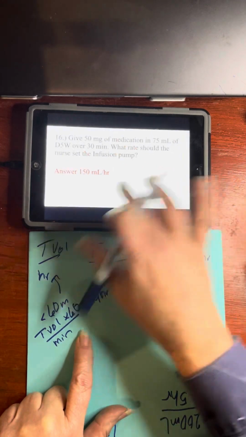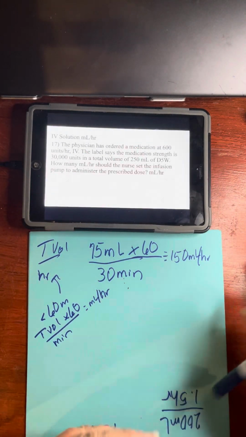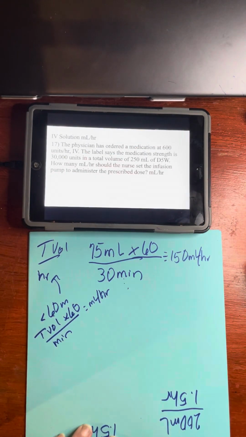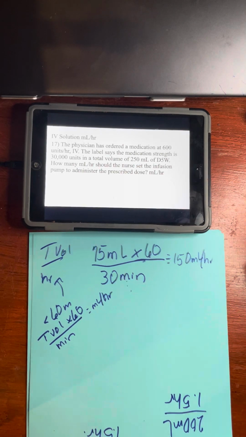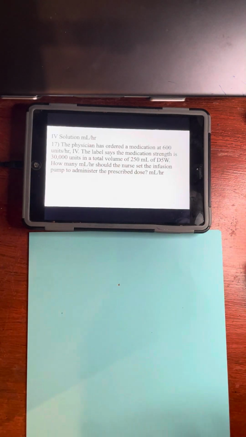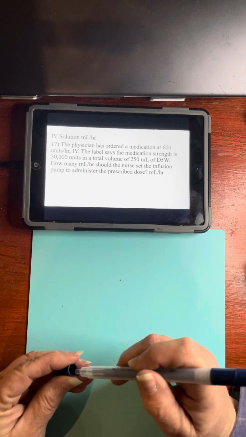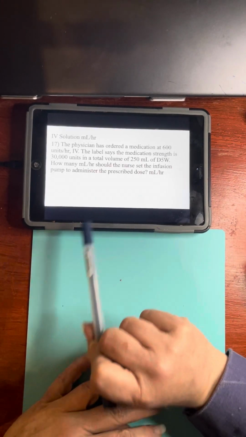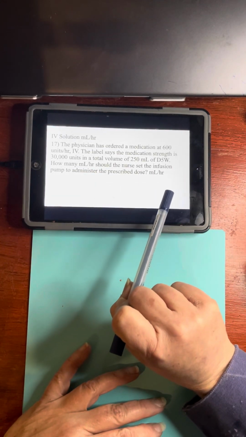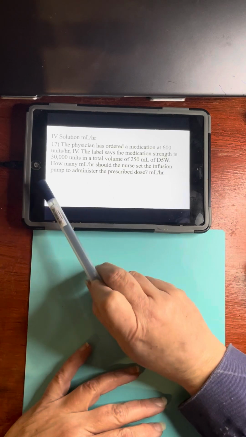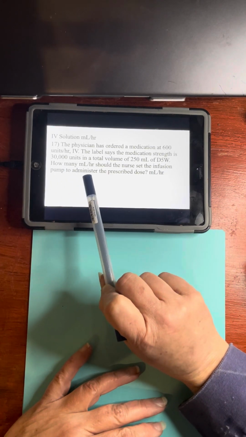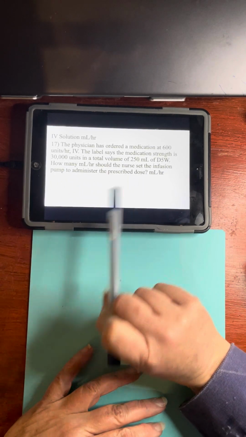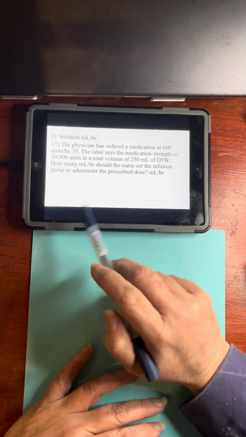Okay. Look at here. The physician has ordered a medication at 60 units per hour IV. The label says on the medication, the medication strength is 30,000 units in a total of 250 milliliters, D5W.